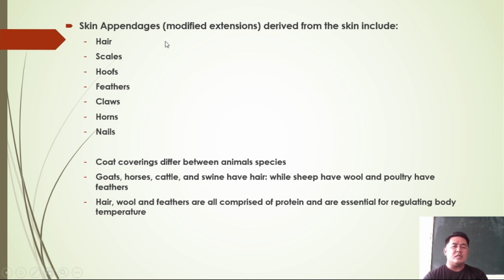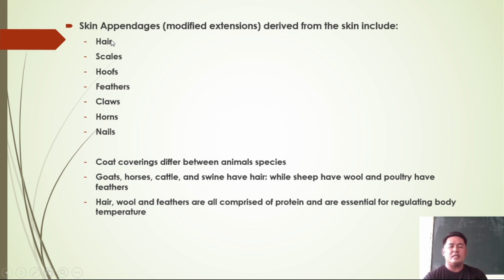Okay, so skin appendages. These are modified extensions derived from the skin, and include the hair, scales, hooves, feathers, claws, horns, and nails. Coat coverings differ between animal species.